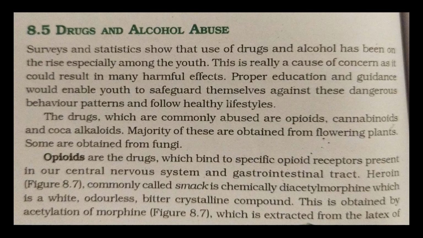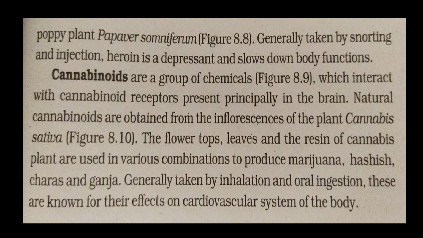This is obtained by acetylation of morphine, figure 8.7, which is extracted from the latex of poppy plant Papaver somniferum, figure 8.8, generally taken by snorting and injection. Heroin is a depressant and slows down body functions.